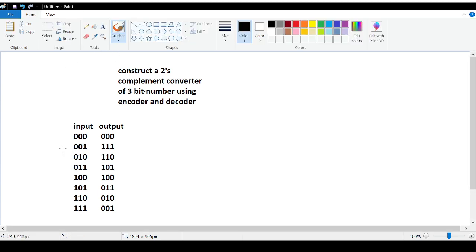Now let's see how we can construct this with encoder and decoder. My input needs to be in binary, and my output needs to be in binary. So between the decoder and encoder, which one takes the input in binary?